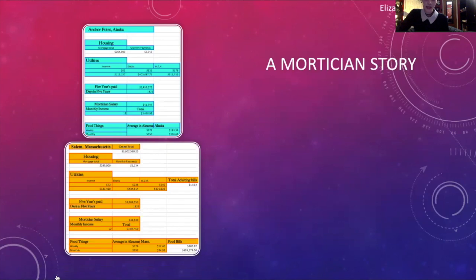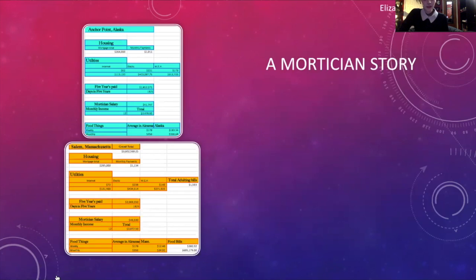Salary-wise, for a mortician in Portland, Maine, I essentially would be making $45,500 annually, which is a breakdown of $3,791.67 monthly. For Anchorage, Alaska, I would be making $41,747 annually, and then the monthly salary would break down to $3,478.92.